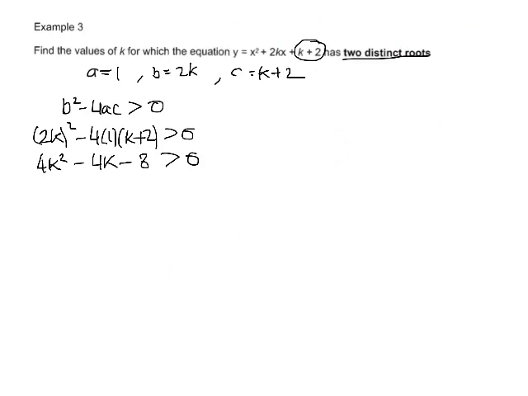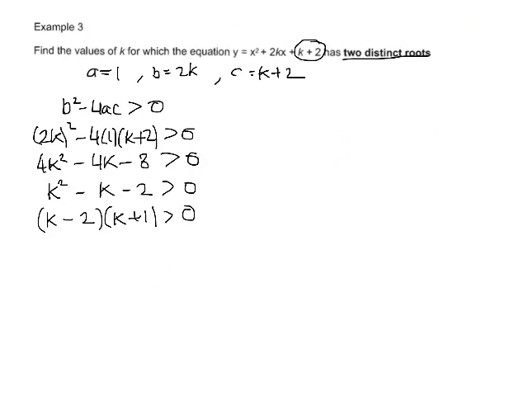And we can see we've got a common factor of 4 there. So let's divide by 4, giving us k squared minus k minus 2 is greater than 0. So when we factorize this, we get k minus 2 times k plus 1 is greater than 0.